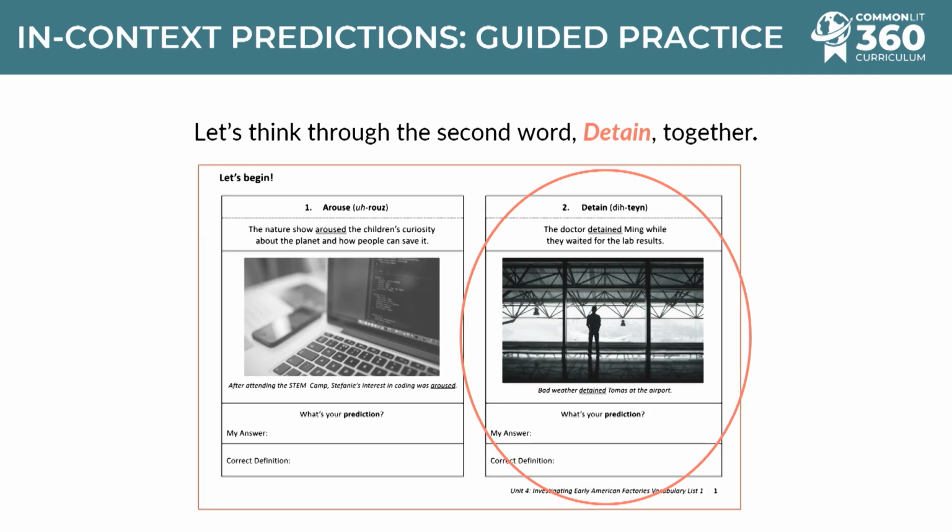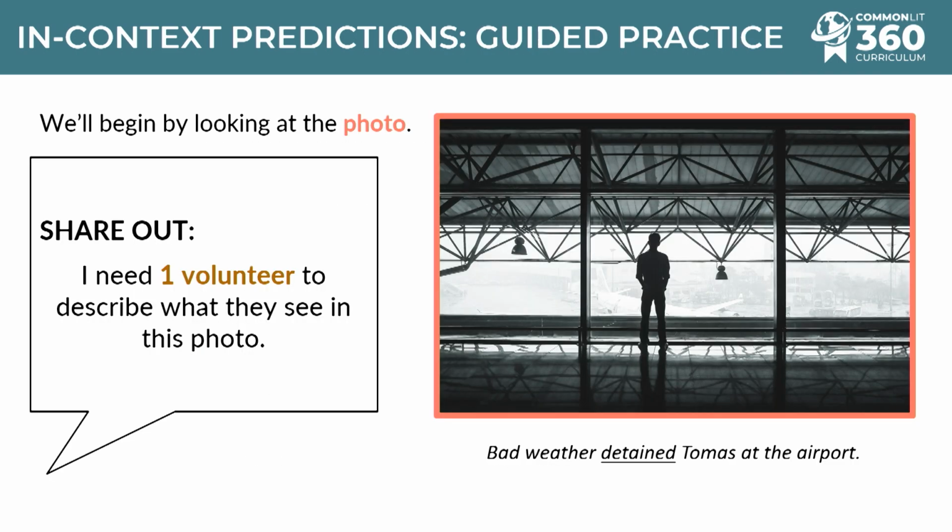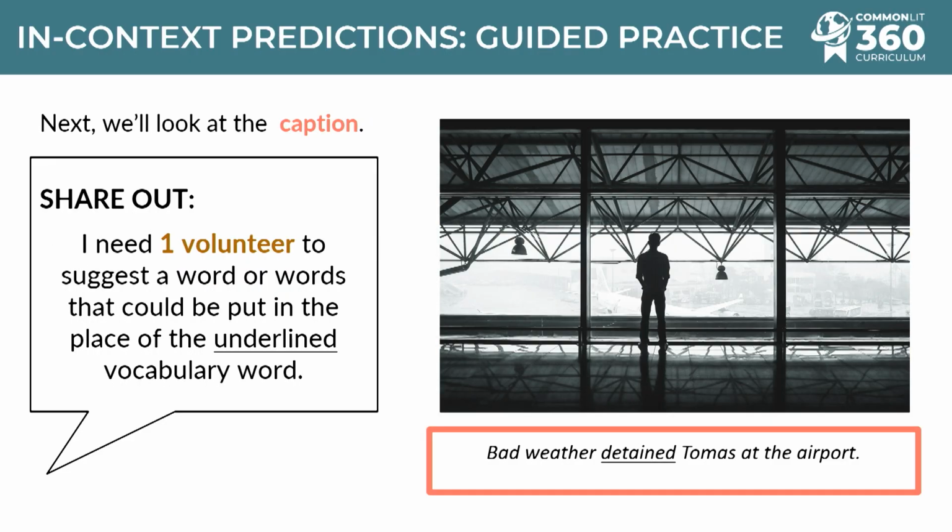So let's look at the word detain together. We'll begin by looking at the photo. I need a volunteer to describe what they see in the photo. Good job. Now I need a volunteer to suggest a word or words that could be placed in place of the underlined vocabulary word based on the caption.